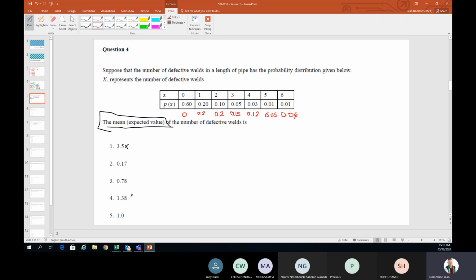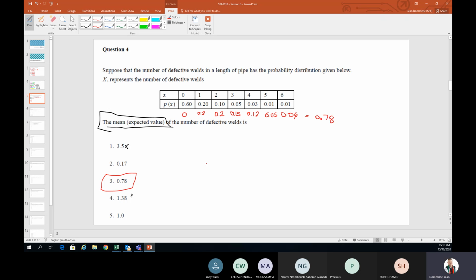So that gives me 0.4, 0.5, 0.55, 0.65, 0.67, and so on. Okay, so that would have been your correct one if you added all of them together.